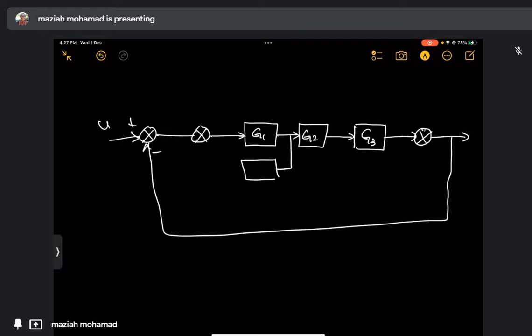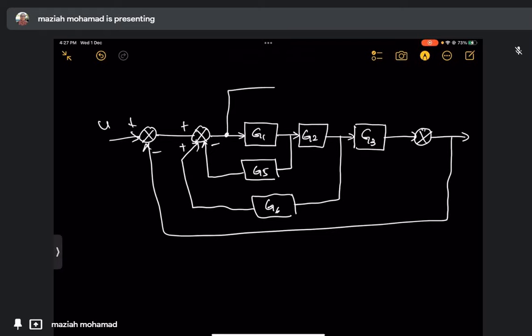Ini macam soalan yang saya dah bagi dalam tu kan? After G2 there is G6. It's plus, it's minus. Okay, then there is another one, G4, plus. WhatsApp section berapa?